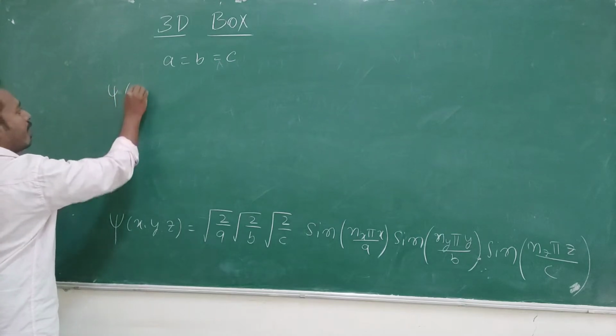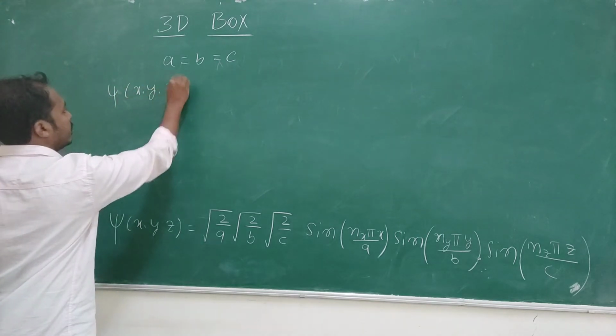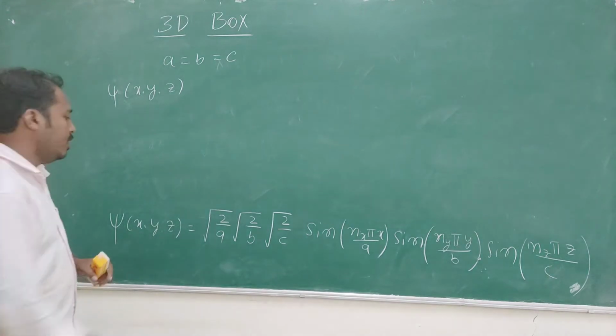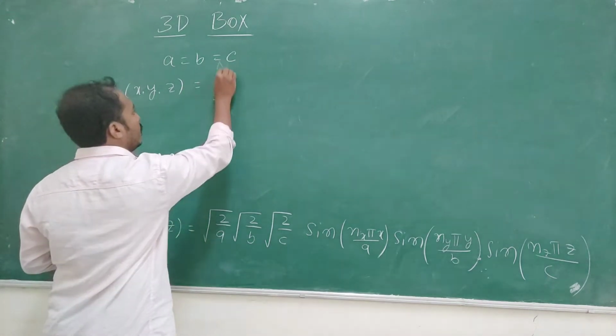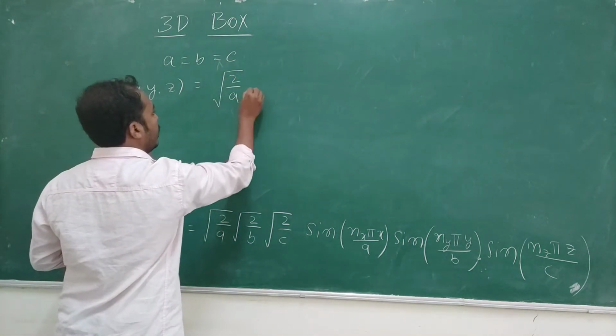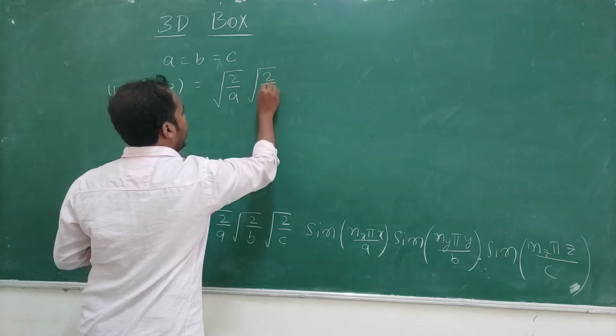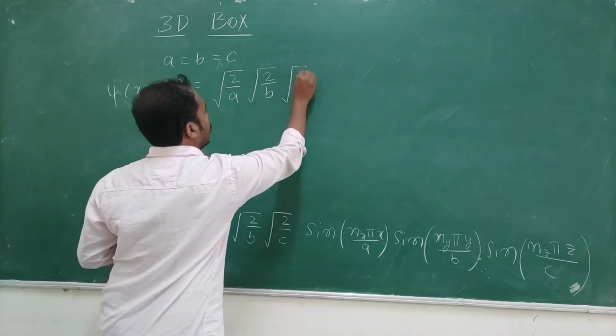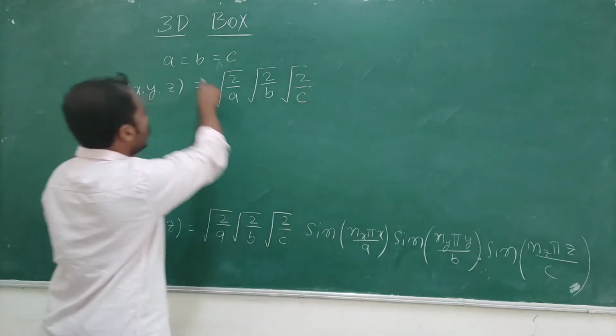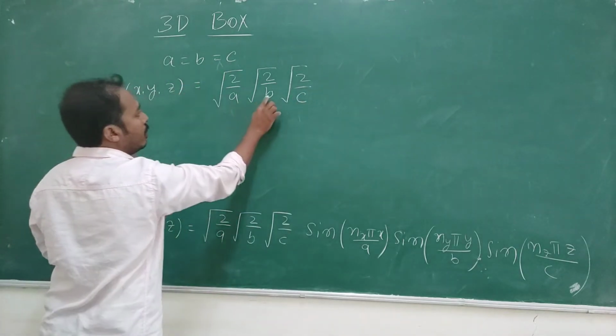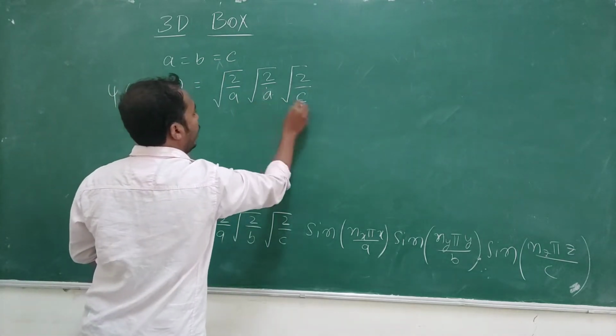Psi of x, y, z is equal to root 2 by a, root 2 by b, root 2 by c, and with a equal to b equal to c, it becomes a.